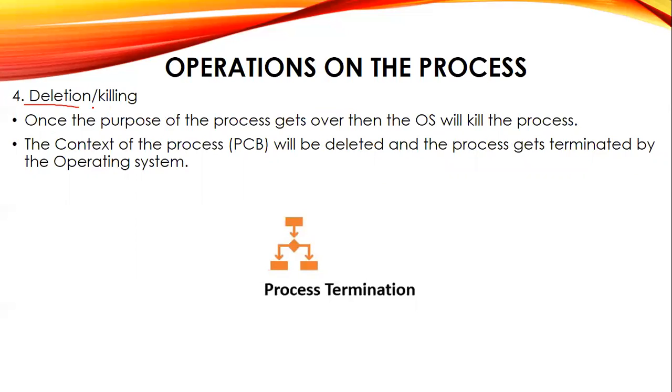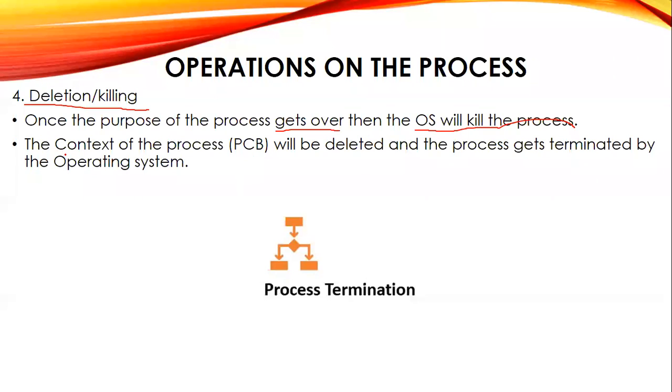The last one is deletion or killing. Once the purpose of the process gets over, meaning when it has finished execution, the operating system will kill the process. Why? Because it is not needed anymore when it has finished execution, and it will waste resources if it is not deleted.